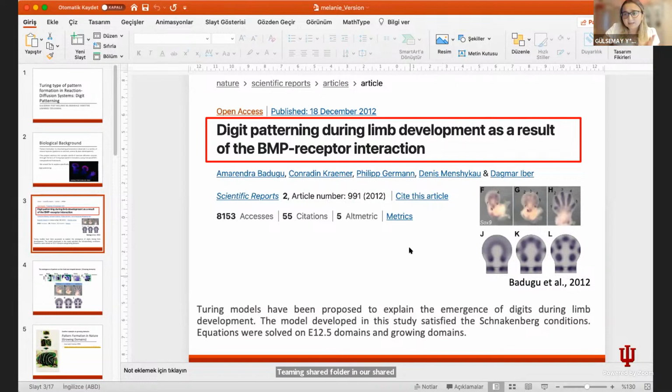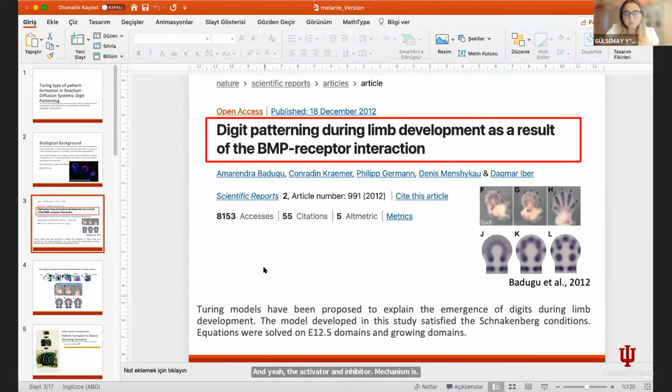In this article, the mathematical model is well described. The domain is well described. There is also the domain growth issue in this article, and the activator and inhibitor mechanism is well described in this model.